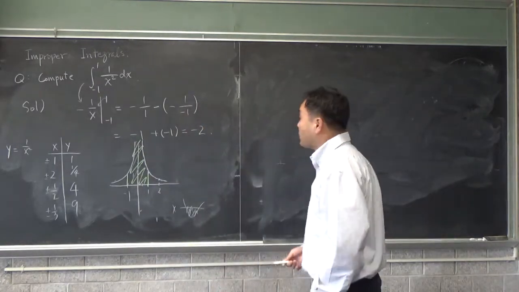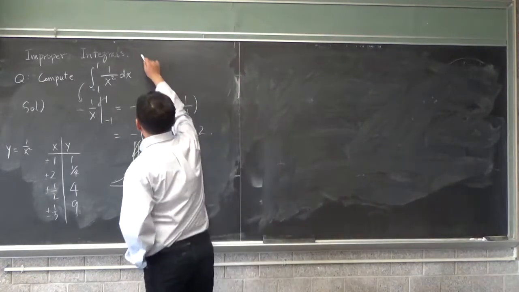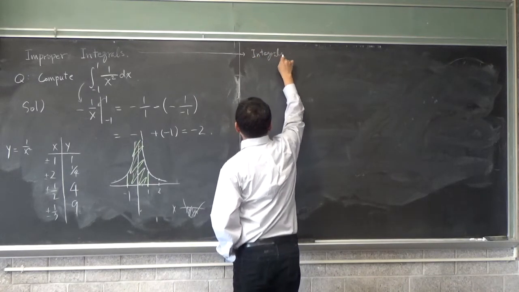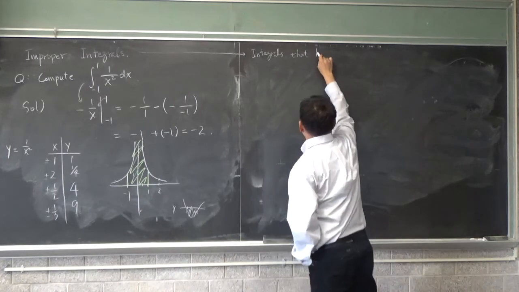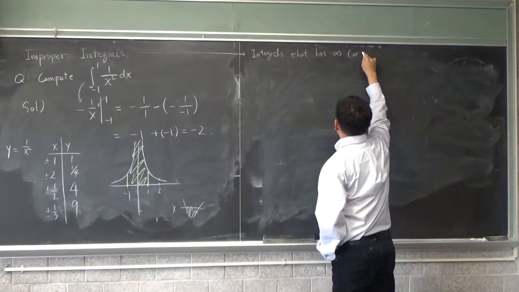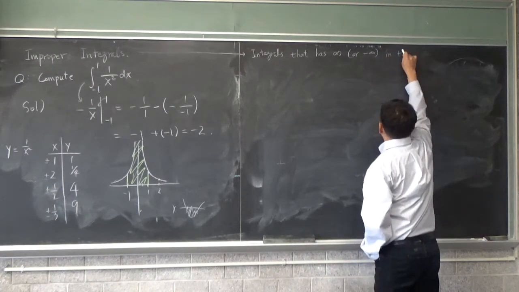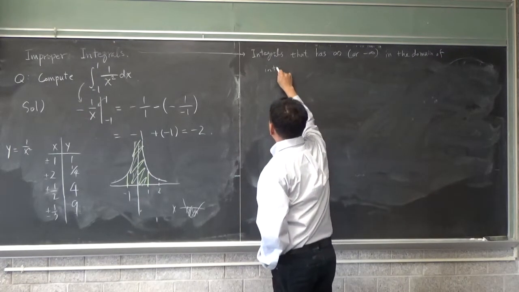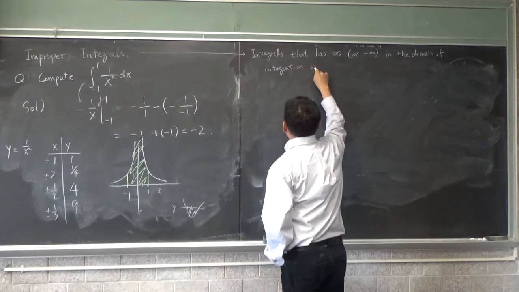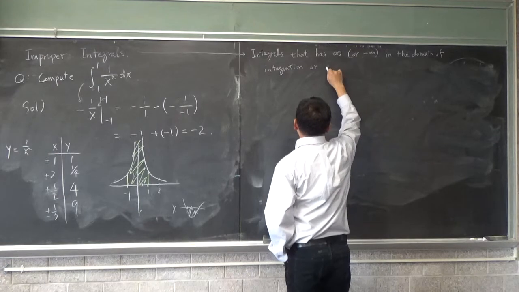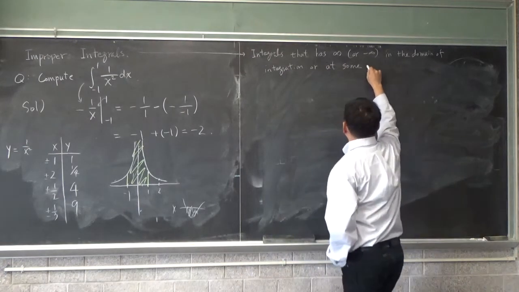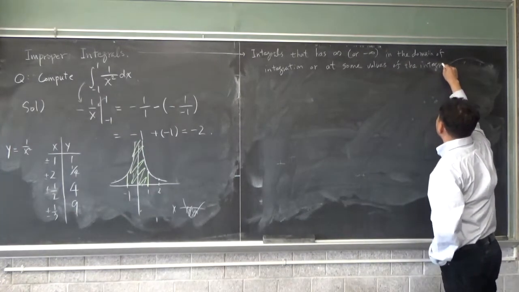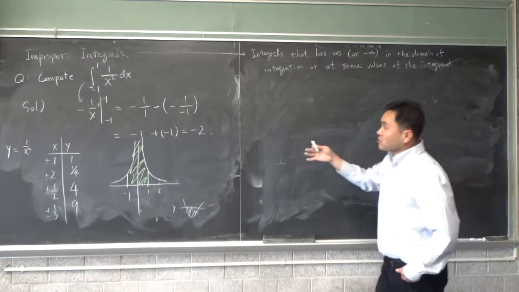And that's when we talk about improper integrals. So what are improper integrals? Improper integrals are integrals that have infinity or negative infinity in the domain of integration, or at some values of the integrand, when the function inside evaluates to infinity.